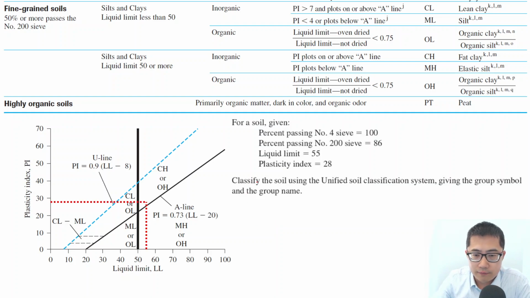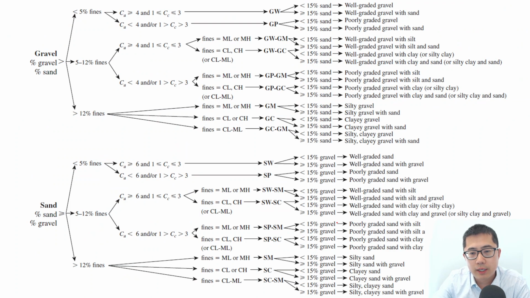Okay, so I have the answer here. It's pretty simple: CH, fat clay. Basically clay with high plasticity. Okay, so let's move on. Again, personally, this is my favorite table to use. A very clear kind of roadmap.